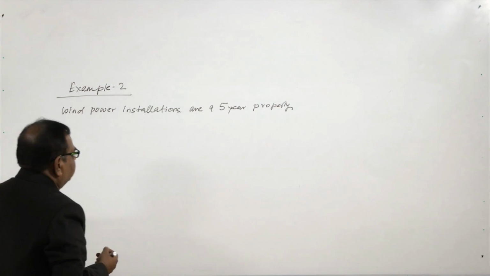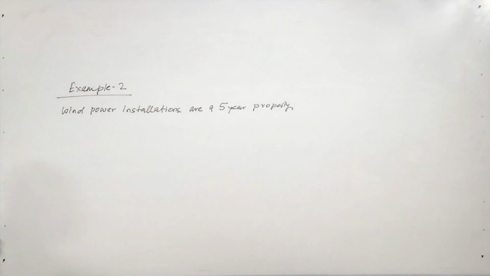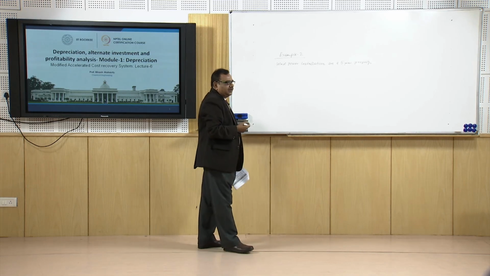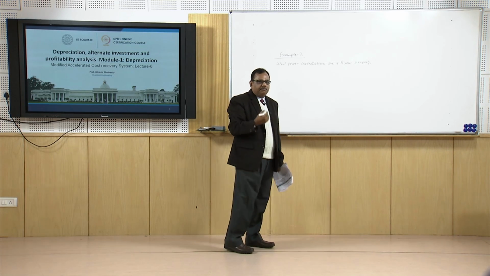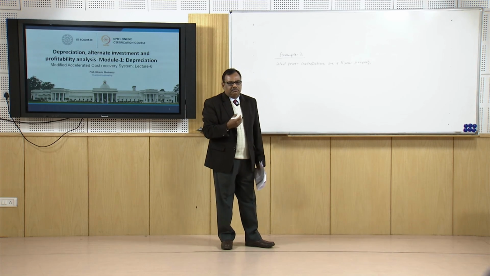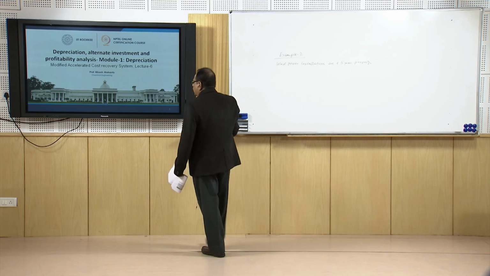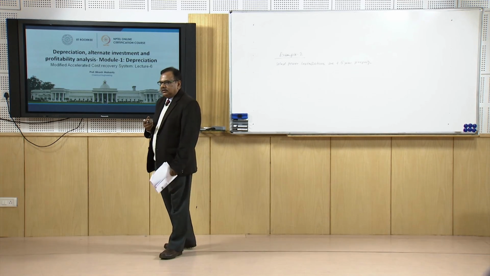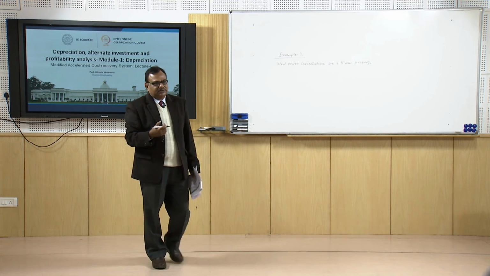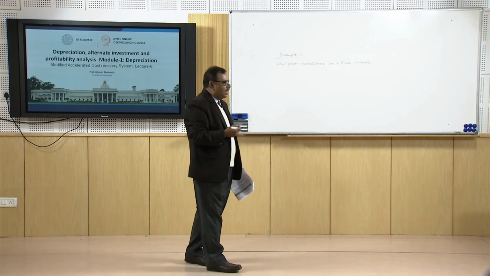So, the government specifies that all wind power installations are 5-year property. That means it has to be depreciated within that space of time, but when I use the MACRS method, it will be depreciated in 6 years because we will be using the half year convention.